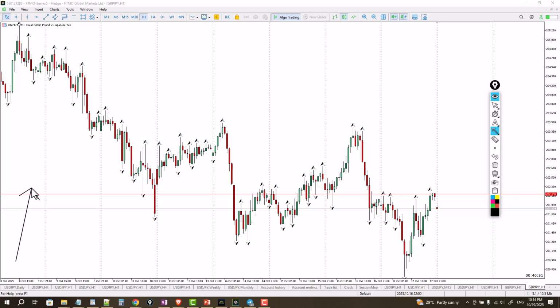What you're usually going to find is price is going to make a high and then it's going to pull back a little bit, retrace its steps, sort of. And then it's going to try to move higher than the previous high where it retraced from previously. And then it's going to make a brand new high.